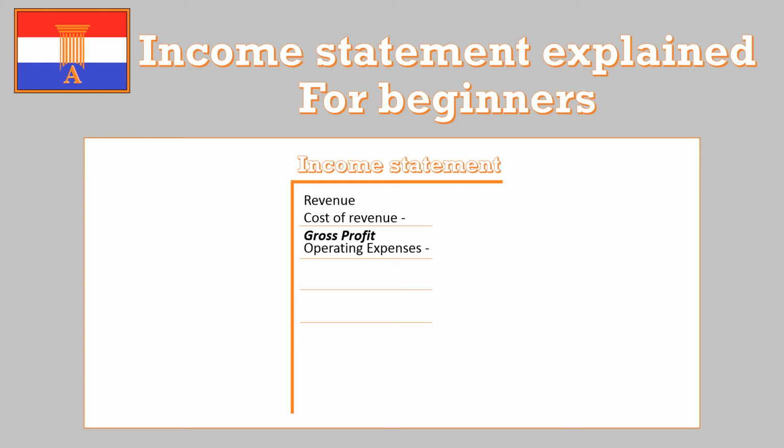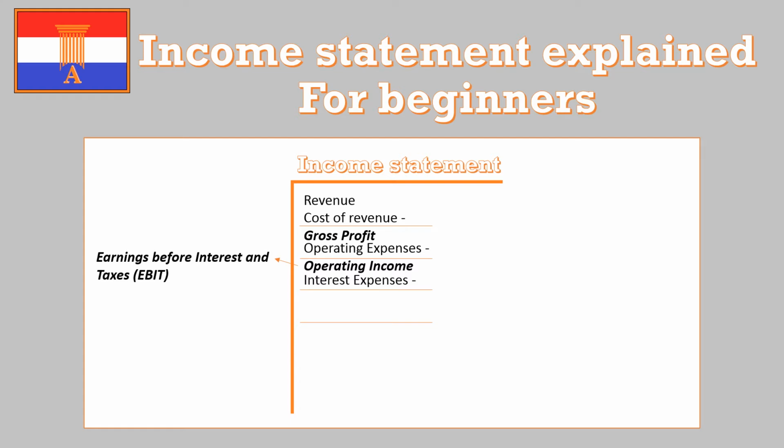So if you have the gross profit and then you deduct the operating expenses, then you get the operating income. Another word for an operating income is earnings before interest and taxes, also known as EBIT. This will become more clear if I show you the next few things. So let's get right to it.